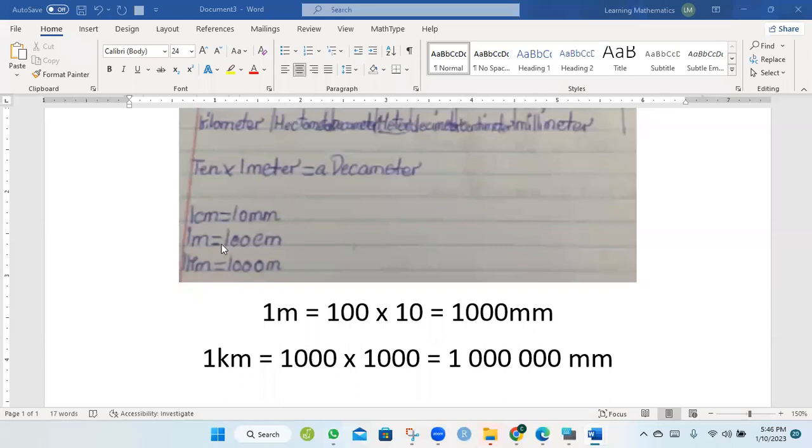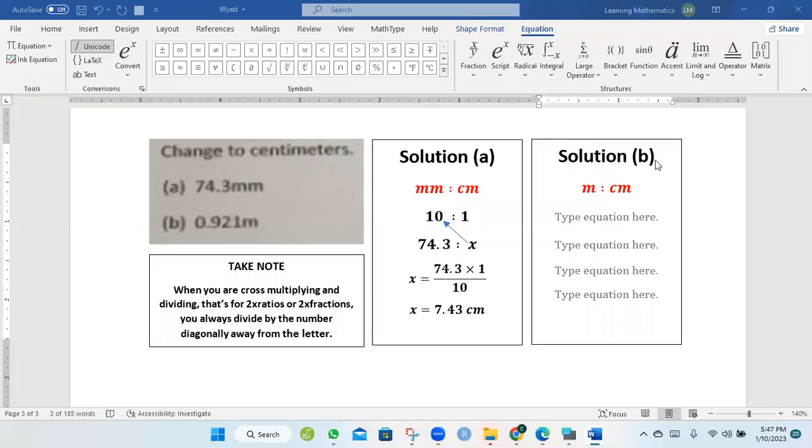So as we can see, 1 meter is 100 centimeters. If you have 100 centimeters, you have 1 meter. So on the meter, we have to put 1, and on the centimeters, we have to put 100. So 1 meter is 100 centimeters.